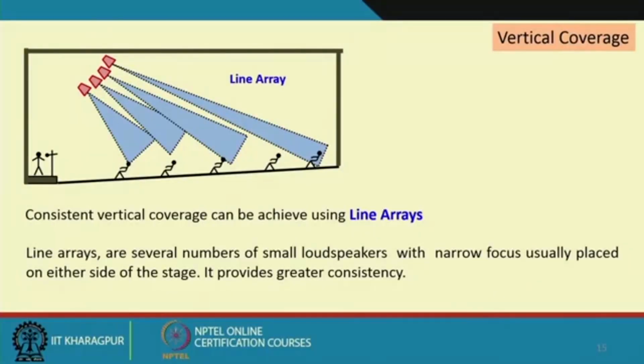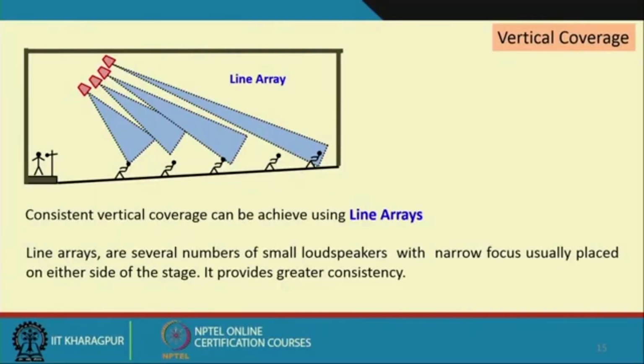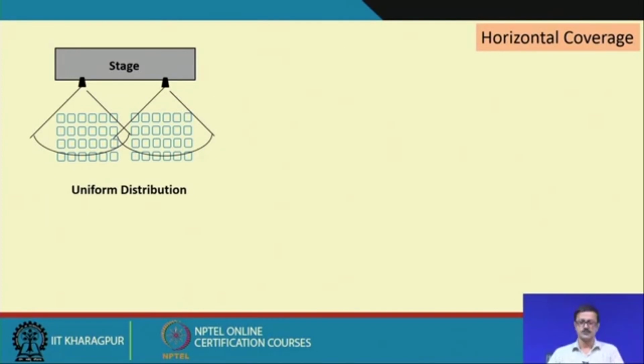The central systems are gradually moving from the central cluster system to the distributed system, but the principle adopted here is the central cluster, because it starts from the very top and focuses towards the various parts of the auditorium, from the point of view of spatial directivity and sound reinforcement principles. So, in a nutshell, the coverage and the distribution of the sound from the vertical point of view is very important.